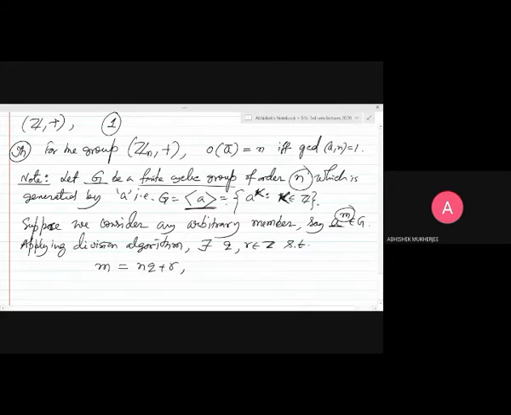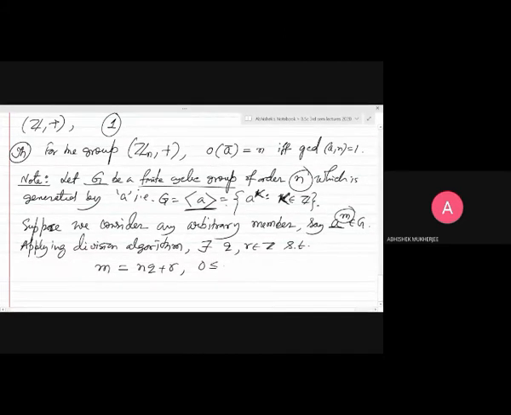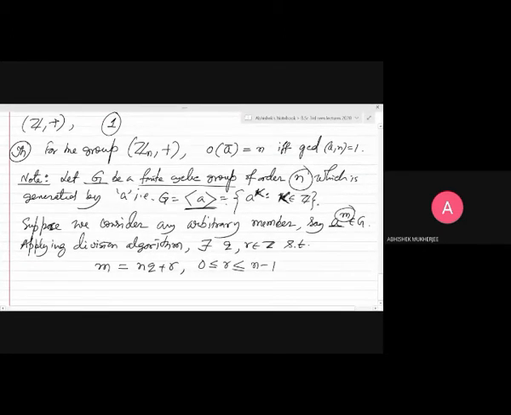So r satisfies 0 less than or equal to r less than n, or equal to n minus 1. If you take any a to the power m and apply the division algorithm to the power m with respect to n, it will give you one remainder r, which lies between 0 and n minus 1.